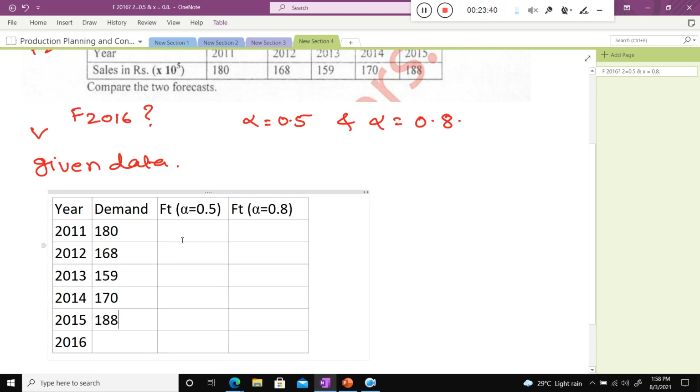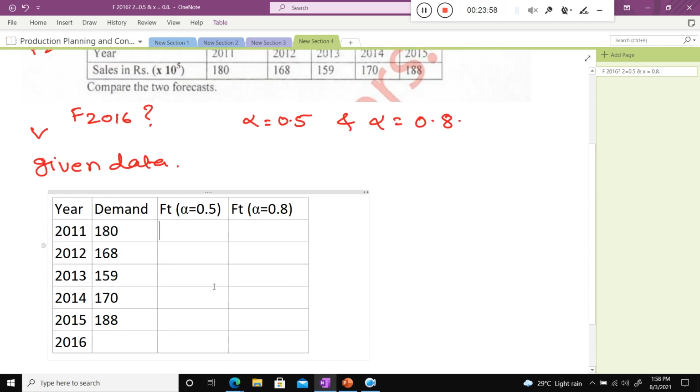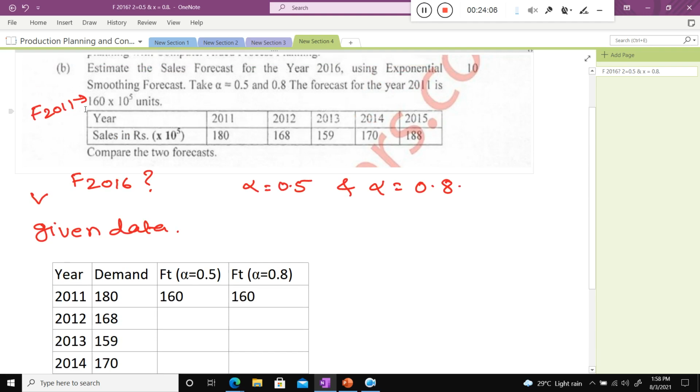For 2016, the demand is not available. Next, the forecasting when alpha is equal to 0.5. The forecasting is already given for the starting point, 160, as you can see in the given data.